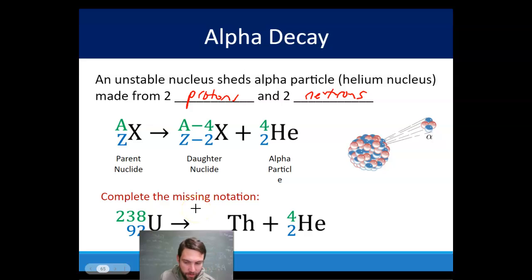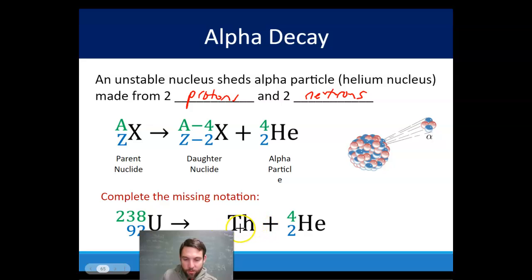So let's complete the missing notation. Go ahead and try it out for yourself. All right, here we go. 238, 92, uranium. It's a thallium and an alpha particle, a helium nucleus.